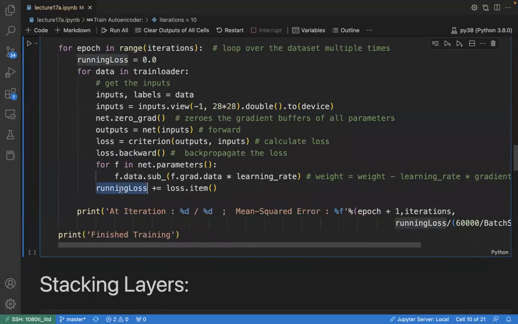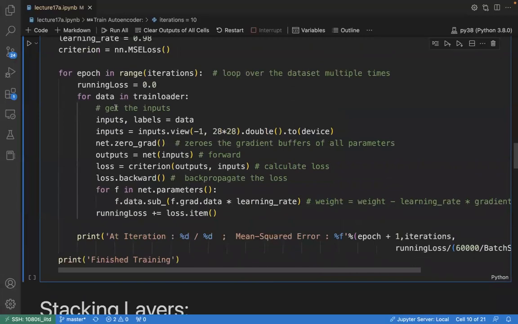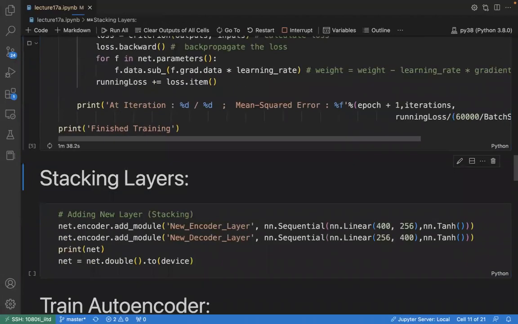And we're just keeping track of the running loss. I'll just run it, and you can see the autoencoder getting trained.